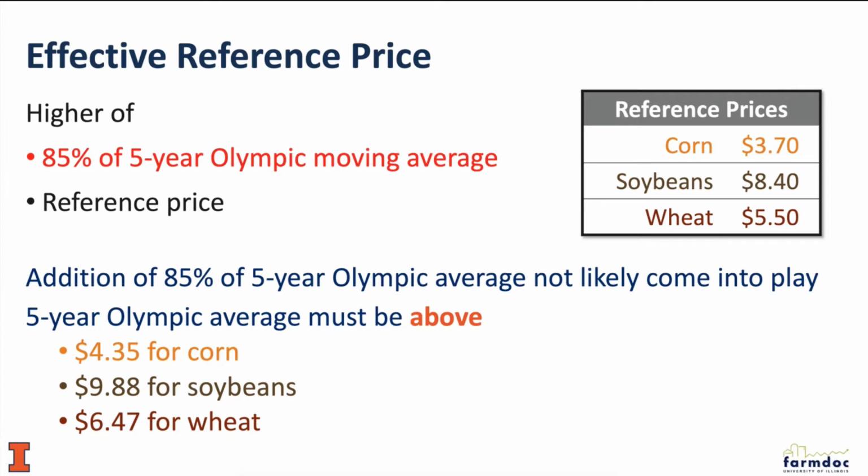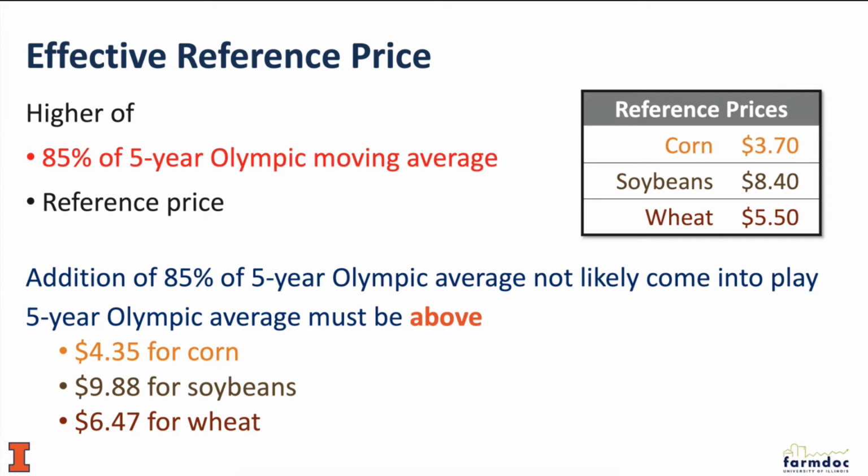They've incorporated that Olympic moving average component that's in the ARC program into PLC as an escalator, as an upside. So you never go below 370. The fixed price does not ever fall below that. But if prices go high enough, 85% of the 5-year Olympic moving average could move that reference price up, which would then trigger it earlier.